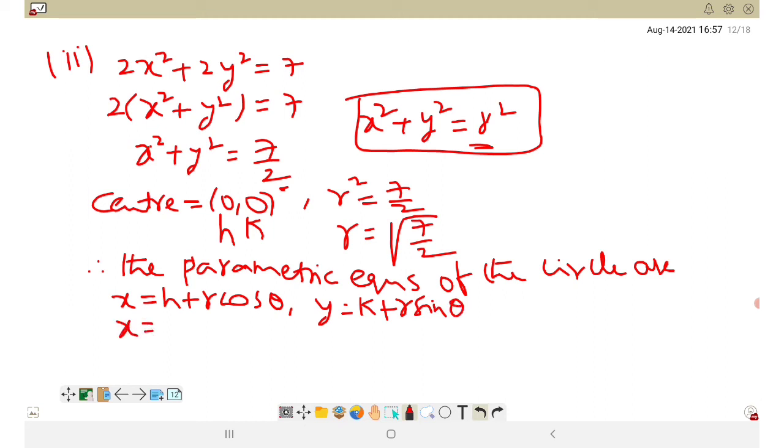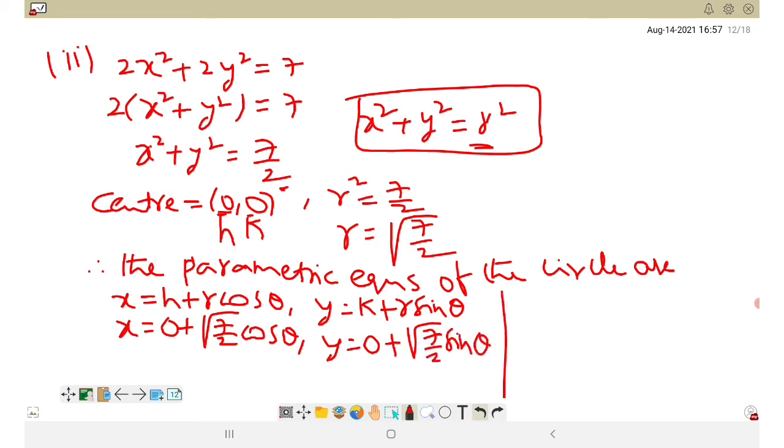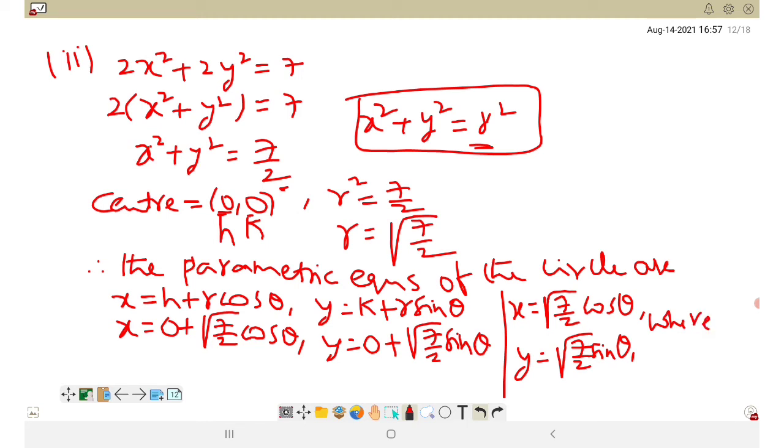Substituting h is equal to 0 and r equal to root 7 by 2: x equals root 7 by 2 cos theta, comma y is equal to root 7 by 2 sin theta, where theta is from 0 to 2 pi, that is, 0 less than or equal to theta less than 2 pi.